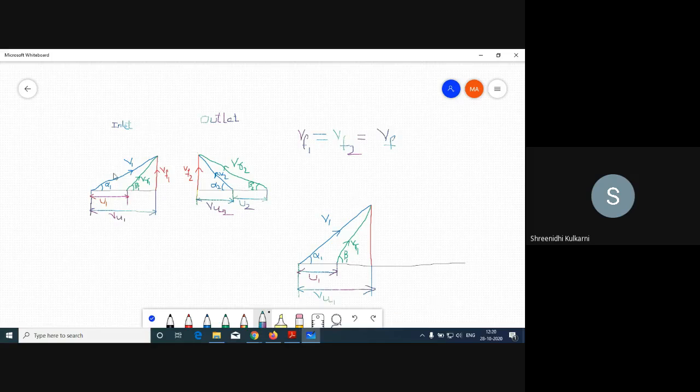See, whatever the inlet velocity triangle, I am writing once again here, but it is the combined velocity triangle, the same. Okay, next, the same, I have to draw the outlet velocity triangle.